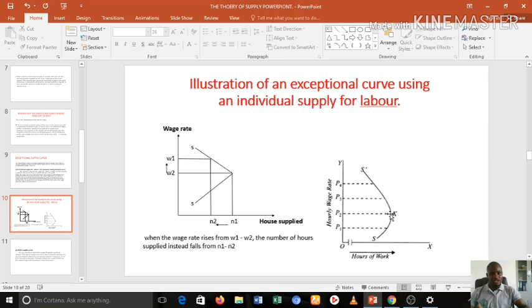That means it's going to increase his hours for work. That is why from P1 to P2, the hours of work increases a little bit, meaning that the person will be motivated to work because he has realized a little increase in his income, in his wage rate.